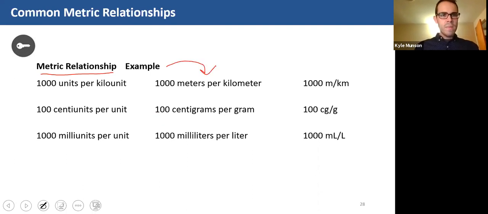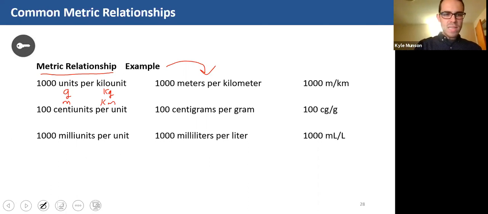So there's 1,000 units of anything per kilo unit. This could be 1,000 grams, 1,000 meters, per kilogram, per kilometer. So 1,000 units of anything per kilo unit.